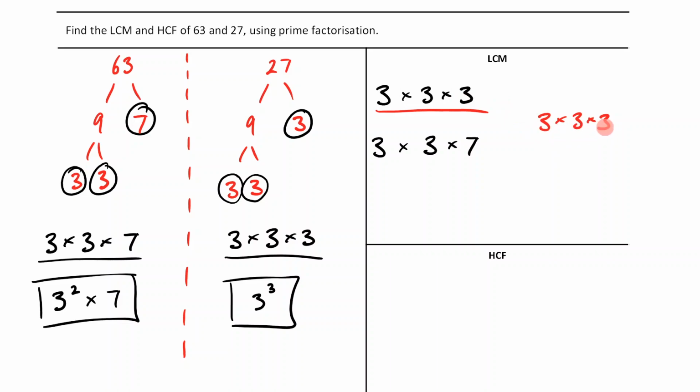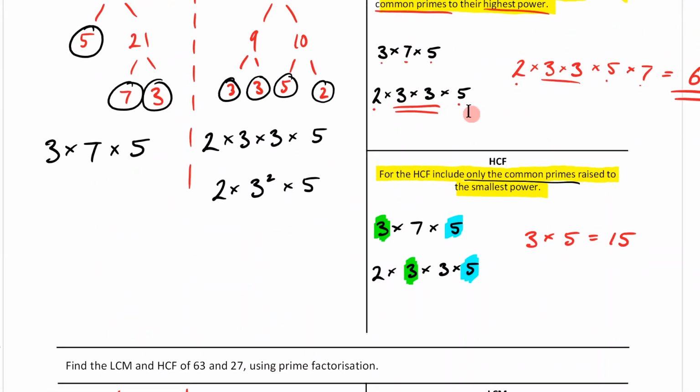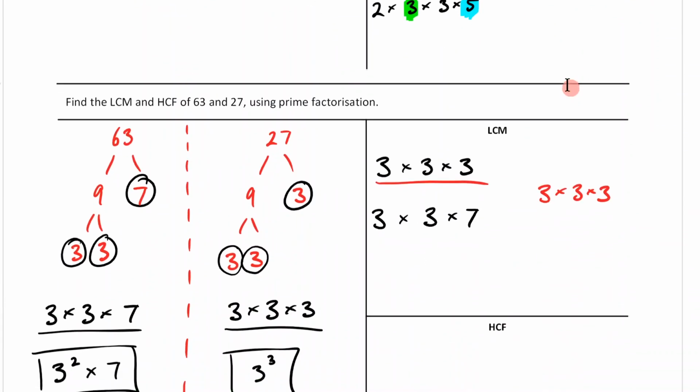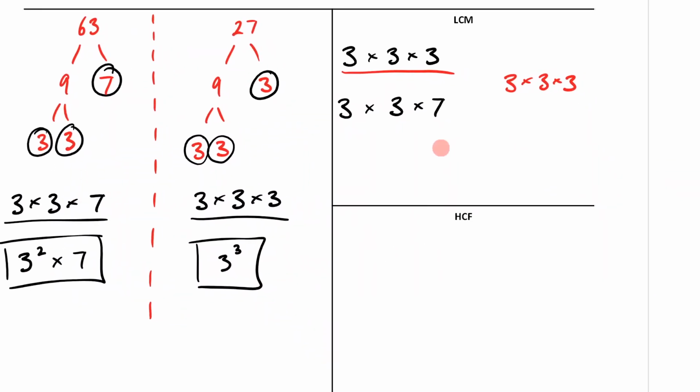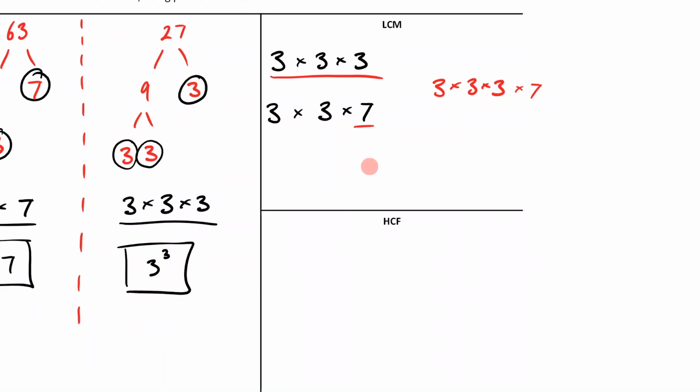Just like over here, if I go back for a second, here I had one 3, here I had two 3s, and I added two 3s here. Hopefully that makes sense. Now I have to take all the different primes. I also have 7. This isn't a common prime, so I just put 7 over here as well. Now I times these all together, and I'm going to end up with 189. That's going to be my LCM.